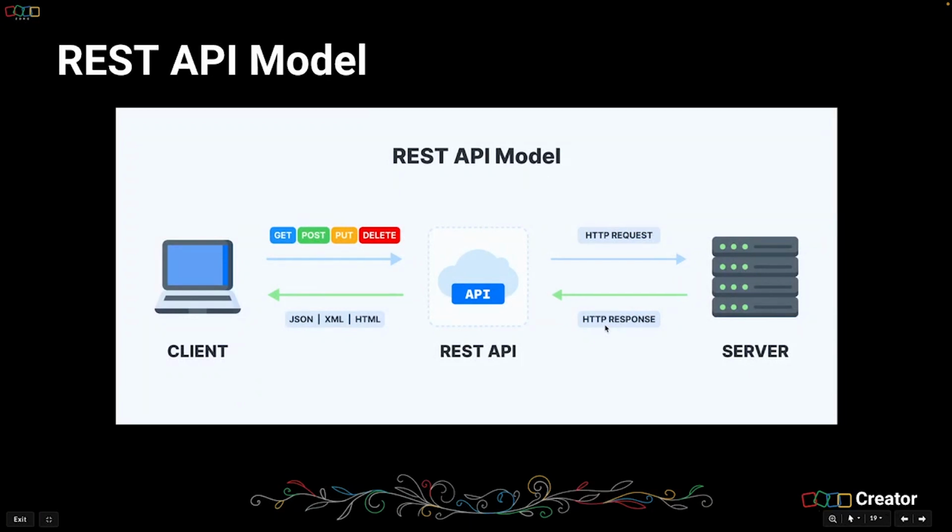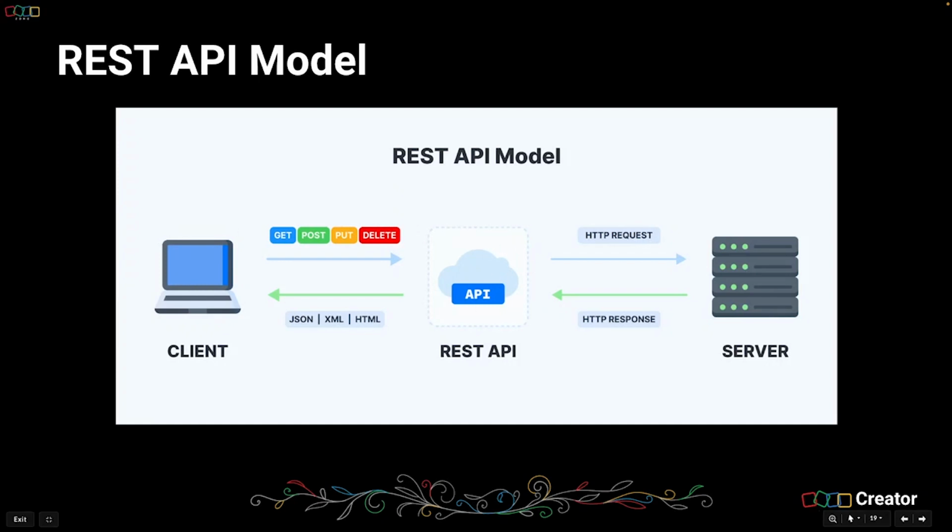This HTTP response will again be changed into JSON, XML, or HTML formats for the client based on the client request using this REST API model. This REST API model is known for its simplicity and ease of use. And Zoho Creator also uses this REST API model to make it all easier for the users to make use of the operation.